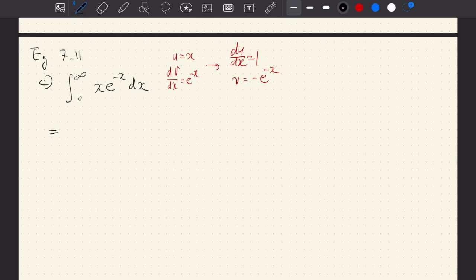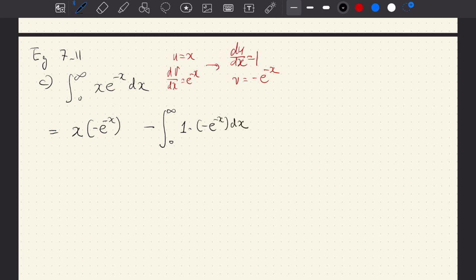Okay, so we can write this improper integral using integration by parts. The first term is uv, so this is x times negative e to the negative x, and then minus the integral from 0 to infinity of du/dx times v, so 1 times negative e to the negative x dx.